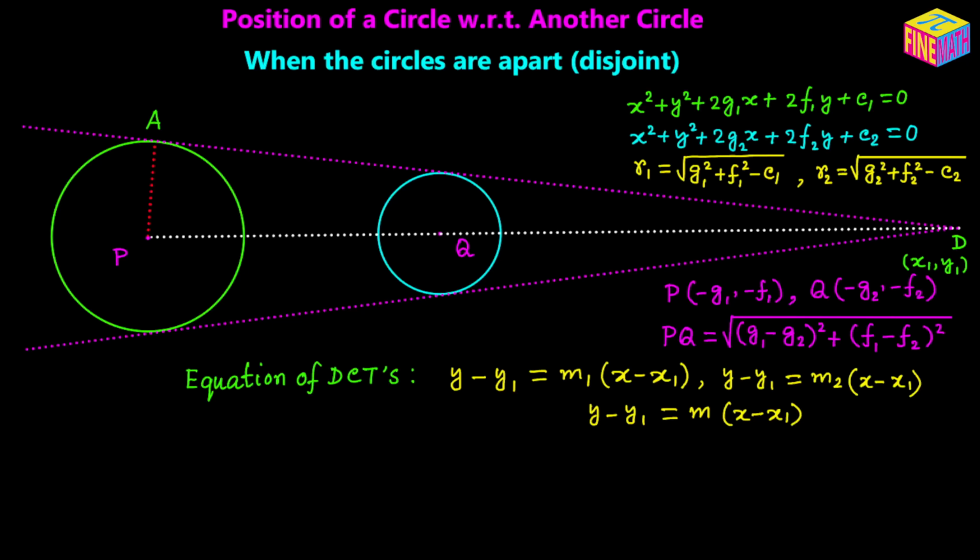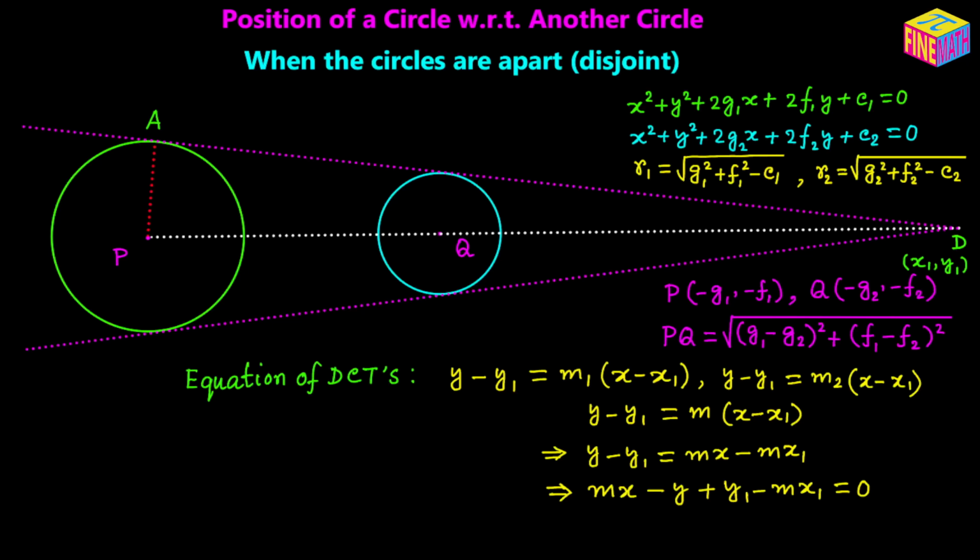So y minus y sub 1 is equal to m times x minus x sub 1. And from here, can we write it like this? y minus y sub 1 is equal to m times x minus m times x sub 1. And from there, we can say then mx minus y plus y sub 1 minus m x sub 1 is equal to 0. So here we have the general equation of the two direct common tangents, assuming m will have two possible values.